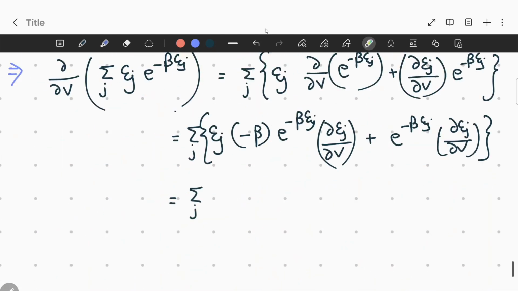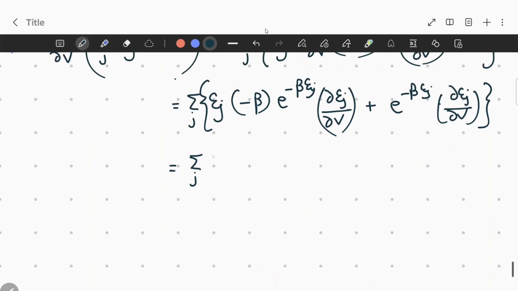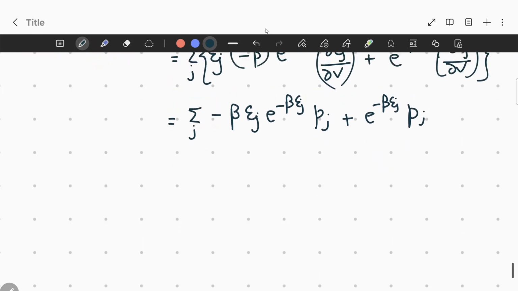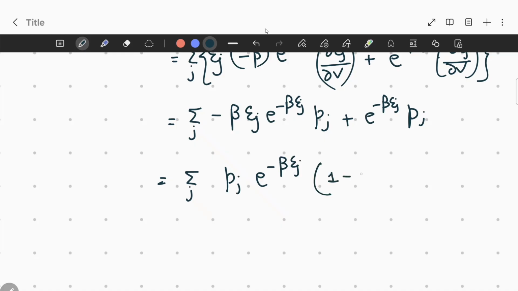So essentially it is minus beta EJ e to the power minus beta EJ times PJ, plus e to the power minus beta EJ PJ. So essentially you can take EJ e to the power minus beta EJ common. Then it will be 1 minus beta EJ. So this is our first term.